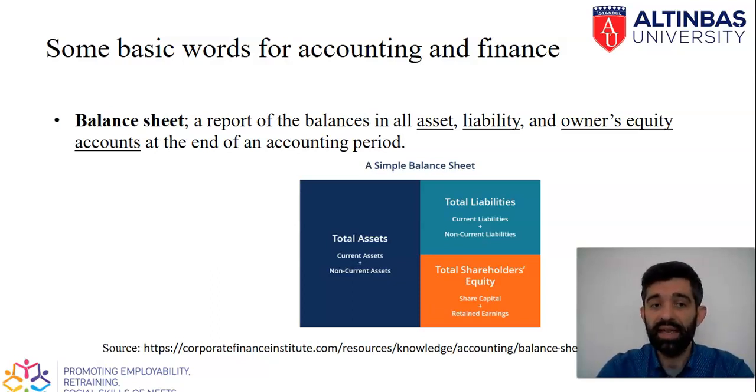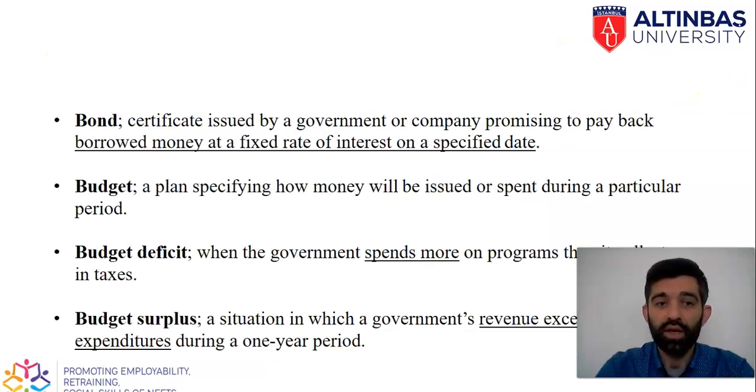According to the definition, all assets, liability, and owner's equity accounts at the end of the accounting period should be in balance. If you want to read or see more about balance sheet, you may visit the link I shared in this slide.